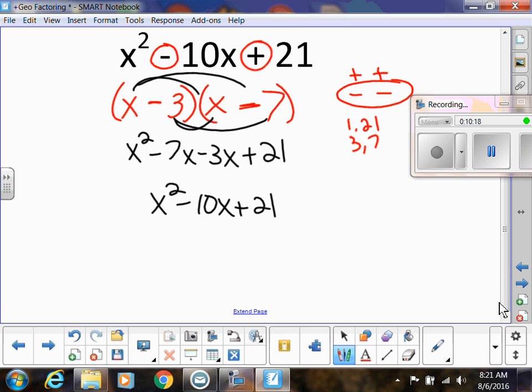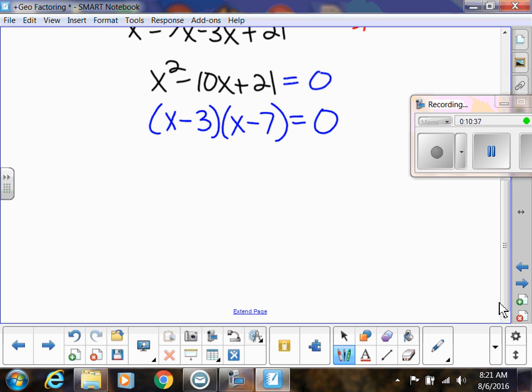Okay, so again, why are we doing this? Remember that the whole point of this is to solve a quadratic equation. So if I know this quadratic is equal to 0 and I factor it, which as we just did in the shortcut wasn't really that long of a process, a lot quicker than the quadratic formula, then our zero product property says that each factor equals 0.